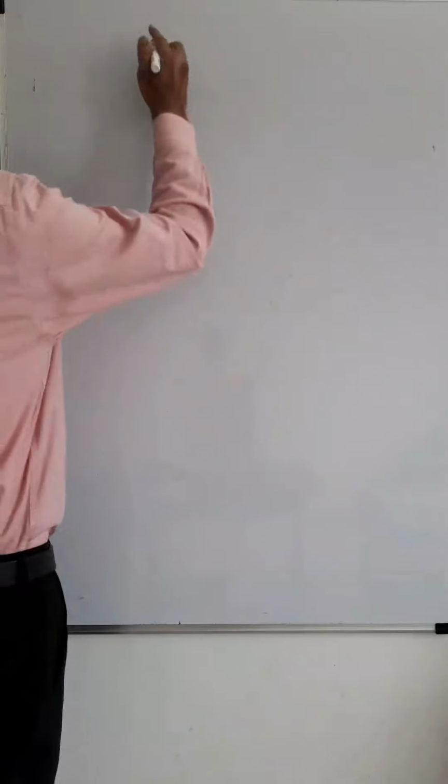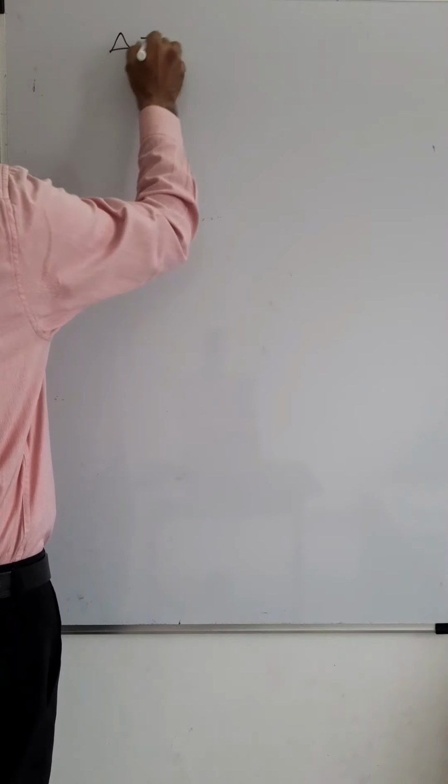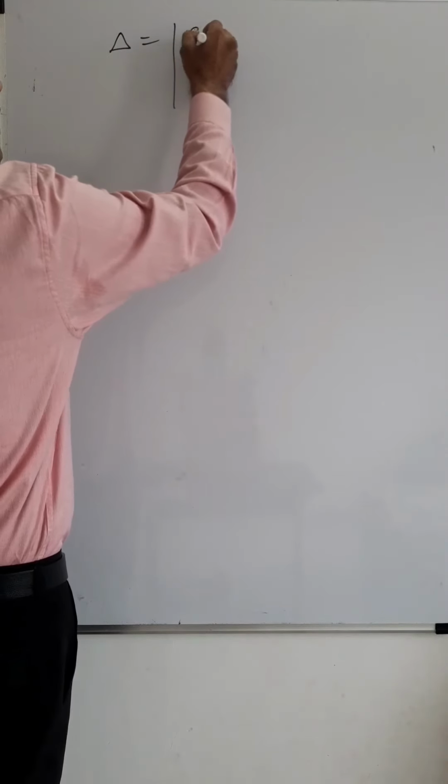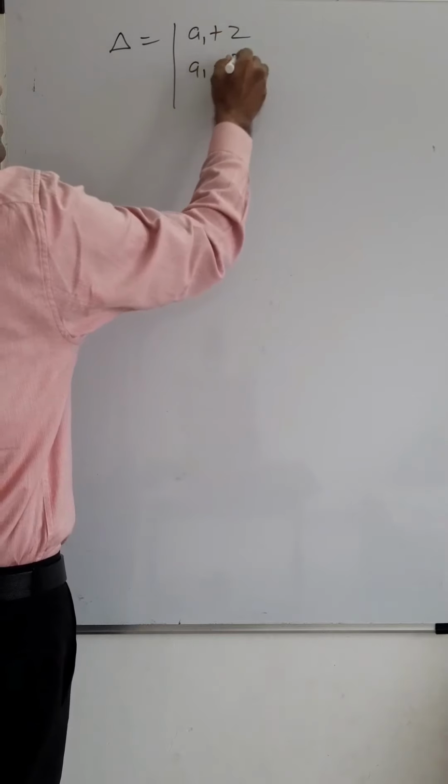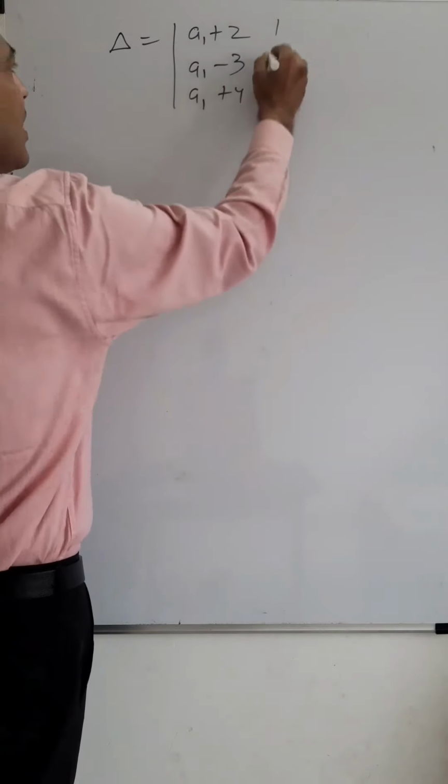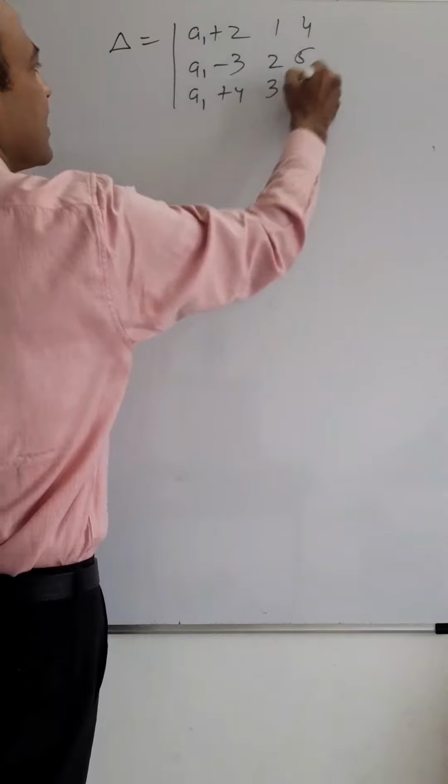Next we have, let's say, one determinant written this way: a1 plus 2, a1 minus 3, a1 plus 4, 1 2 3 4 5 6.